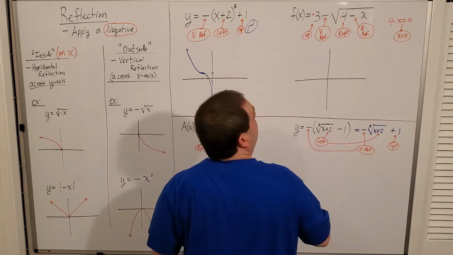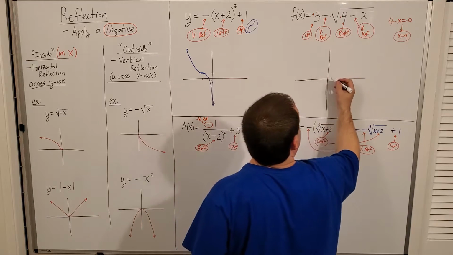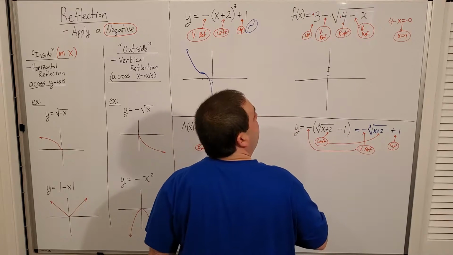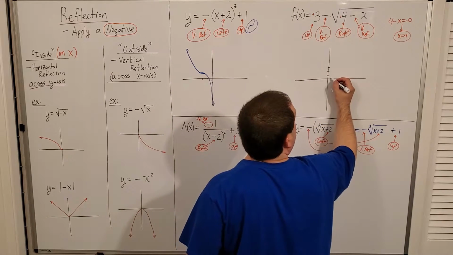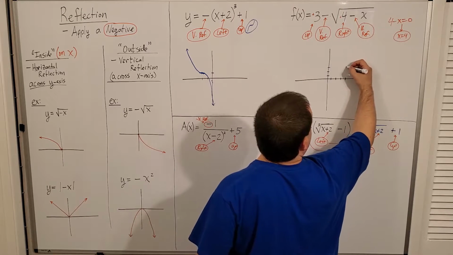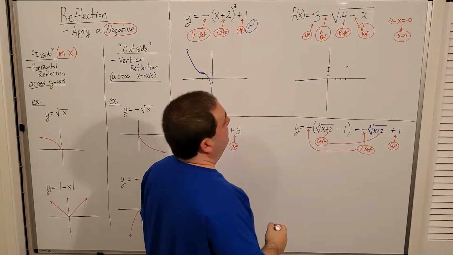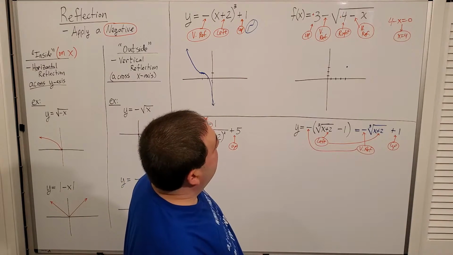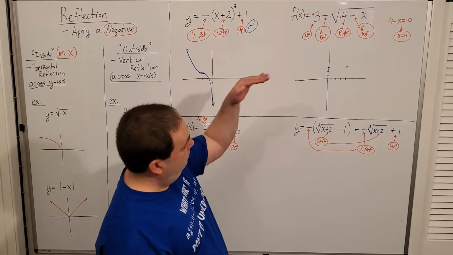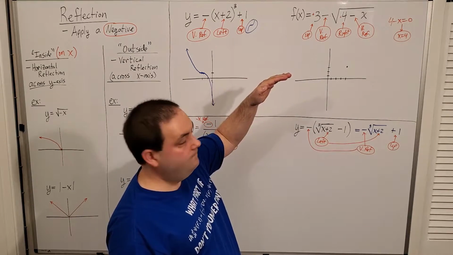Let's start with marking my shifts. I have to go 3 up. Okay? I have to go 4 to the right. My new center is here. And it's a square root function. But the square root function normally goes this way, yeah?